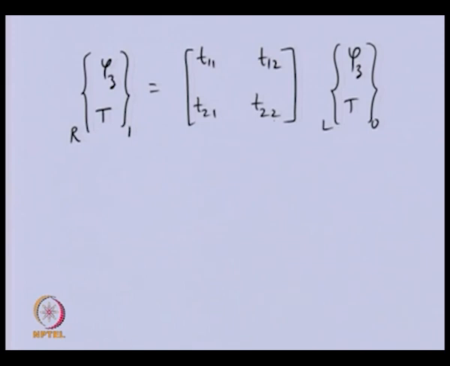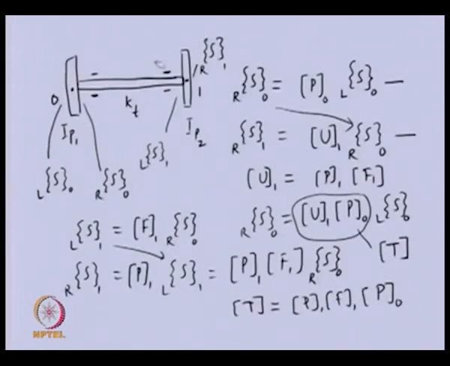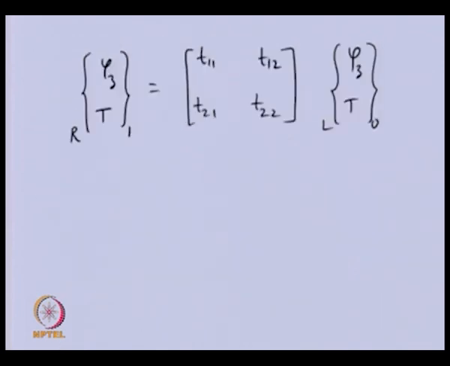In the previous case, because both the ends of the discs are free, the torque at 0 station is 0. Also torque at 1 station, right of 1 is 0, left of 1 is 0. So right of 1 is 0 and left of 0 is 0.